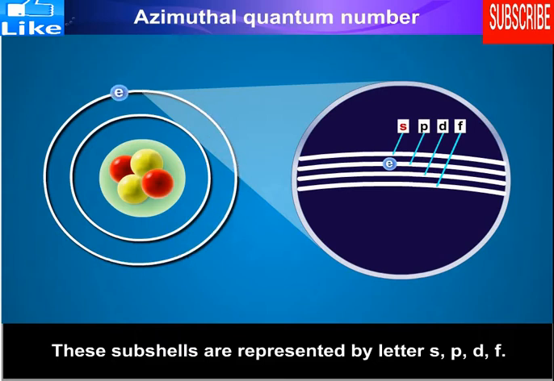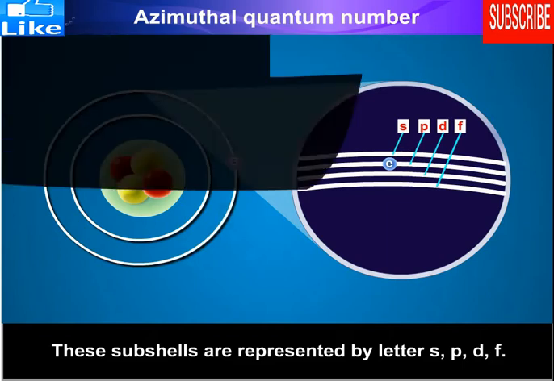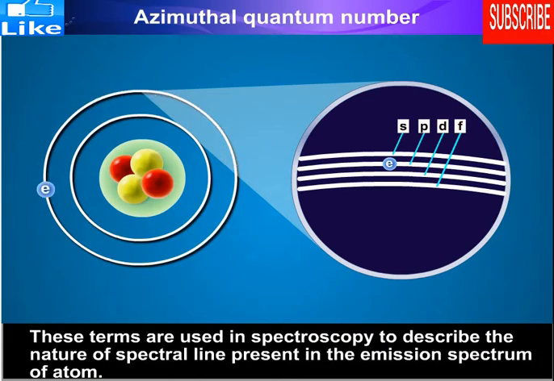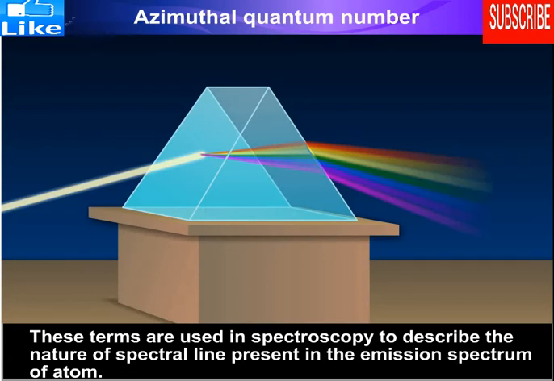The letters s, p, d, f are derived from the terms sharp, principal, diffused, and fundamental. These terms are used in spectroscopy to describe the nature of spectral lines present in the emission spectrum of an atom.